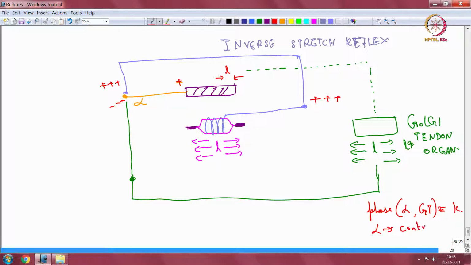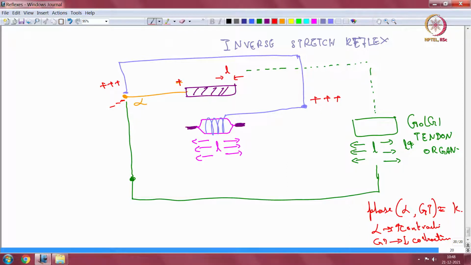because as alpha causes muscle contraction, Golgi tendon prevents muscle contraction, right. So, Golgi works in reverse. The tone generated by the gamma motor neuron is opposed by the Golgi tendon organ. So, there is a dynamic equilibrium, and it spans these three entities locally.